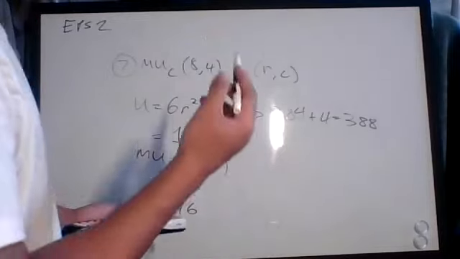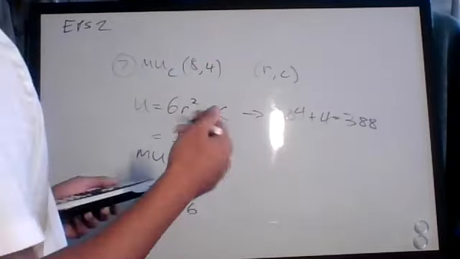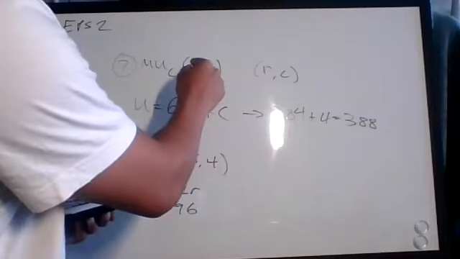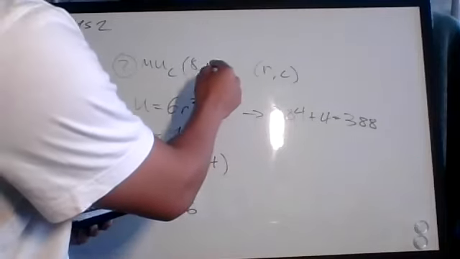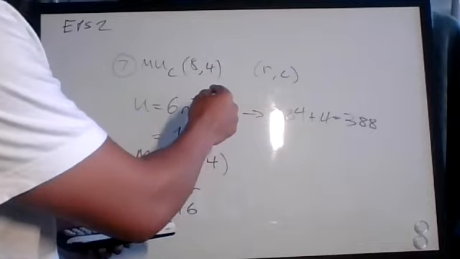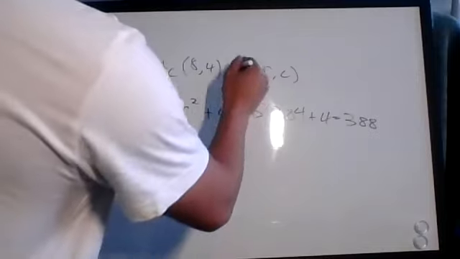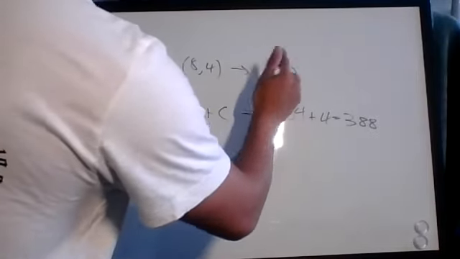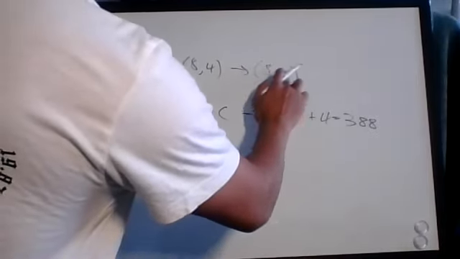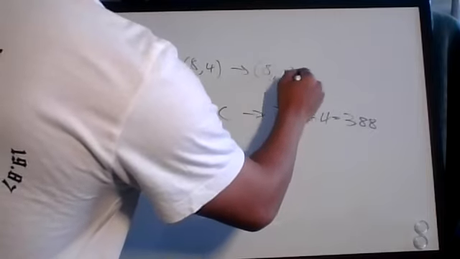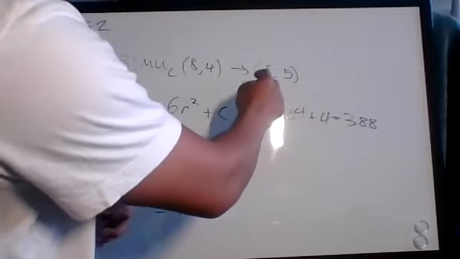Looking at the marginal utility of chicken, I'm holding my consumption of rice constant and increasing my consumption of chicken by 1. So I go from 8, 4 to 8, 5, and that tells us the marginal utility of chicken.